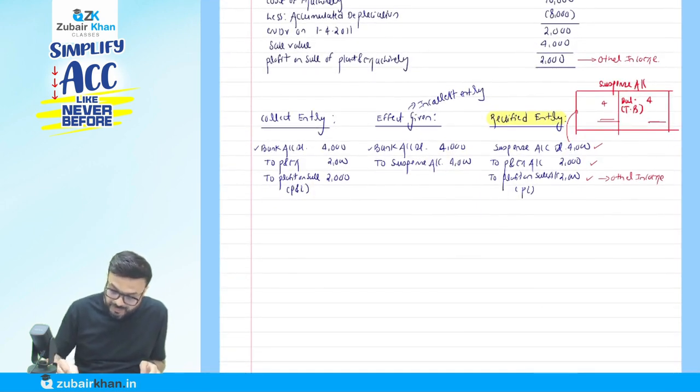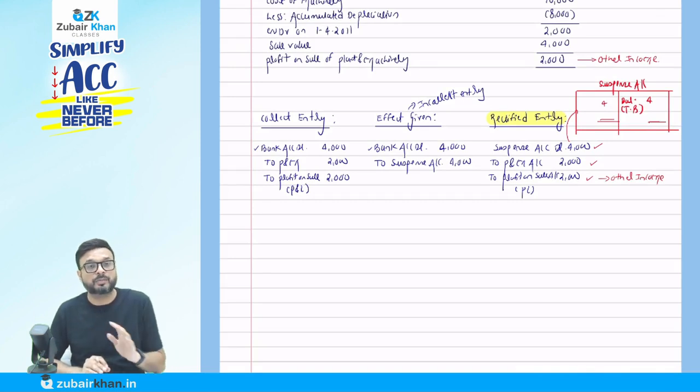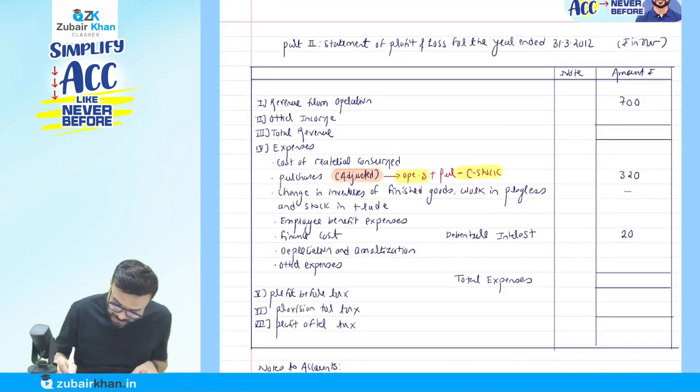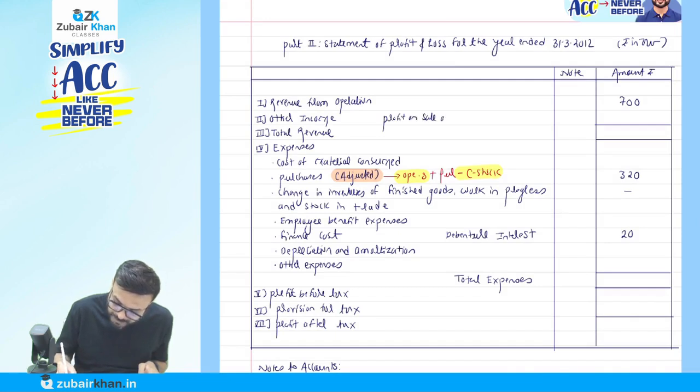It will go as other income. We have not made a note to account on other income, so we'll go to the P&L account directly and write it down as other income. Here you can mention the other income as profit on sale of plant and machinery.